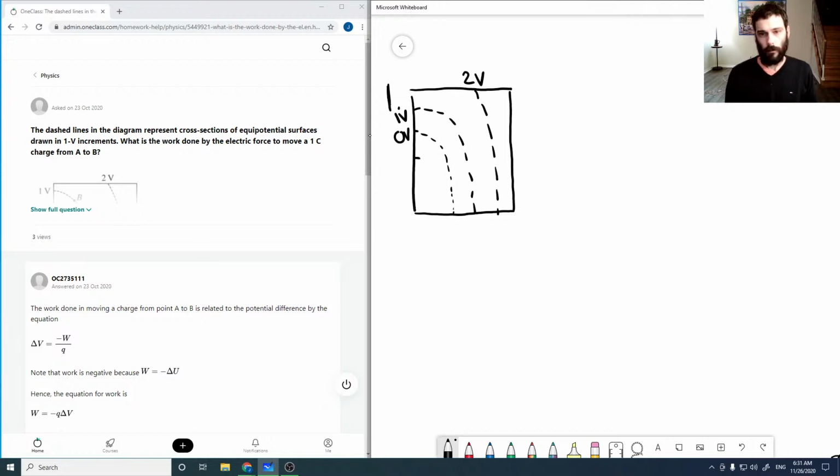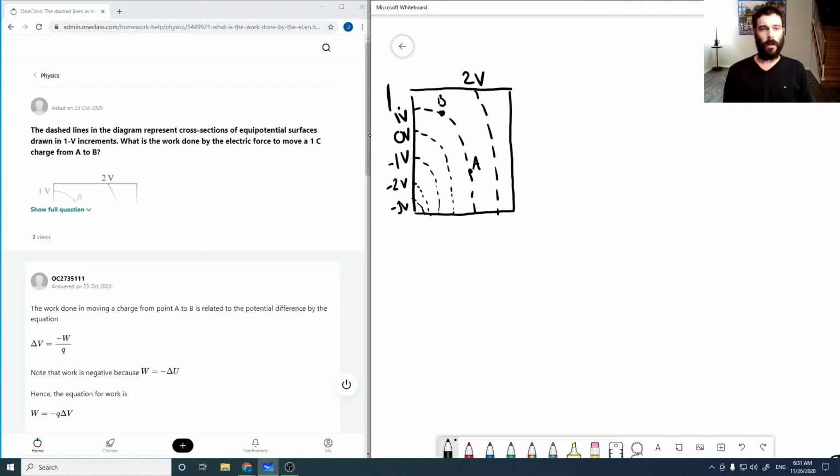And I got a minus 1 volt and a minus 2 volts, and I believe also a minus 3 volts. And then there's a couple points, B and A. There's a couple other points, but they're not important for us.